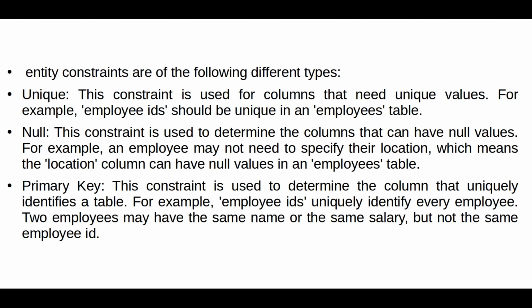And whatever I said, the repetition of null value is not a violation of uniqueness. It means employee ID can have more than one null value. It should be unique and should not take null. It is unique, but it can have more null values.